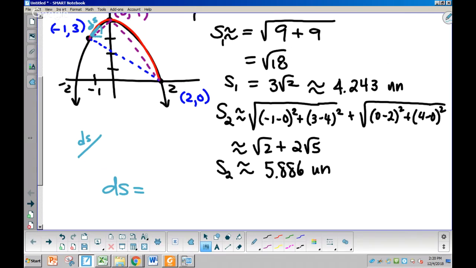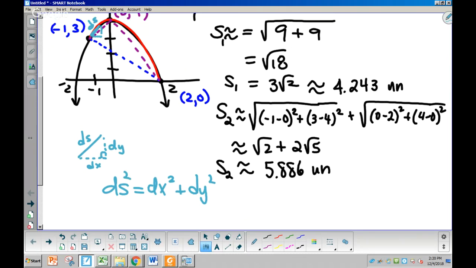Infinitesimally, it would be little dx quantity squared plus, using Pythagoras, little dy quantity squared. Agreed? This would be dx, and this would be dy. Wouldn't that be ds squared?